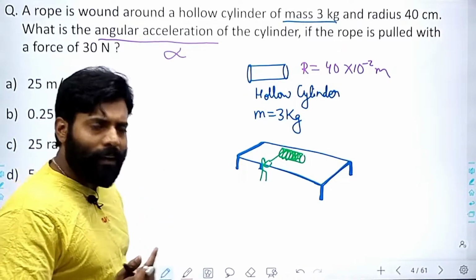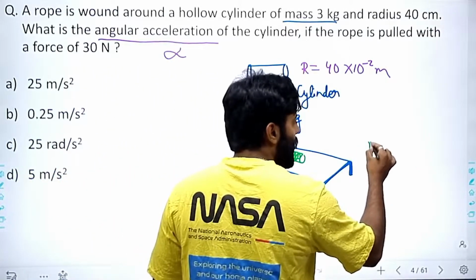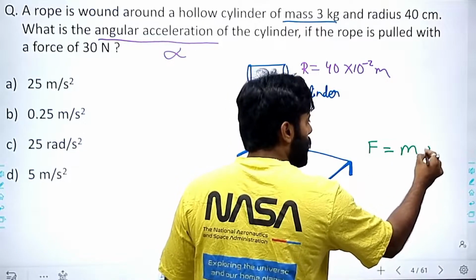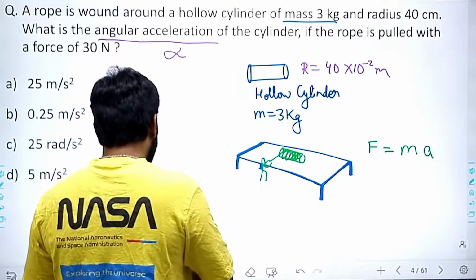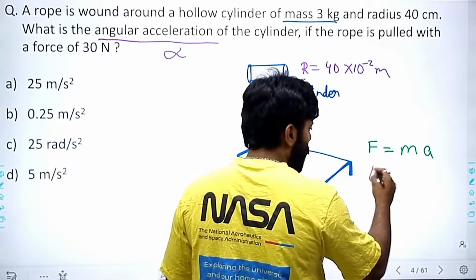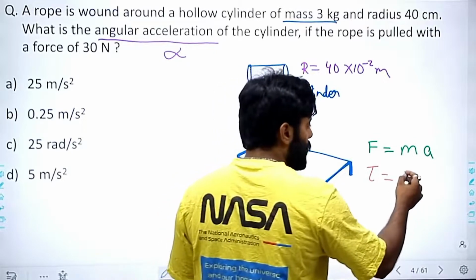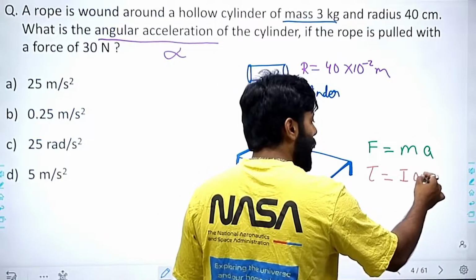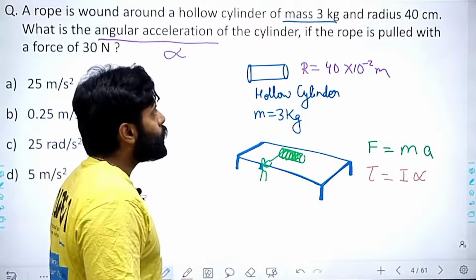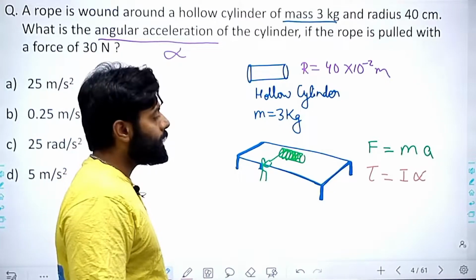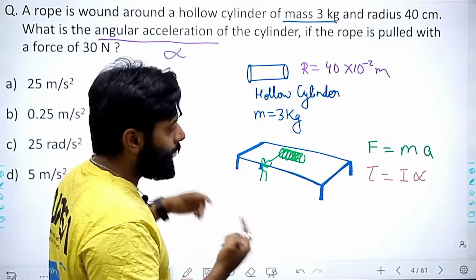So we know that in translational motion we have force equals mass into acceleration. In case of rotational motion we have torque in place of force, moment of inertia in place of mass, and angular acceleration alpha in place of normal acceleration a. So here we need to find the angular acceleration.